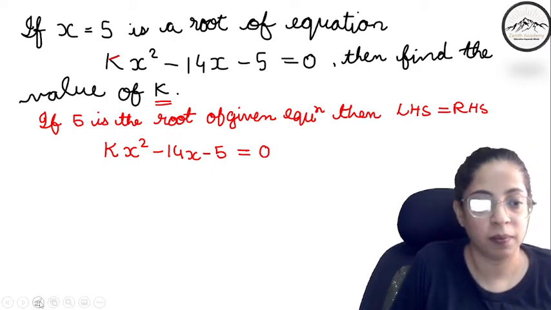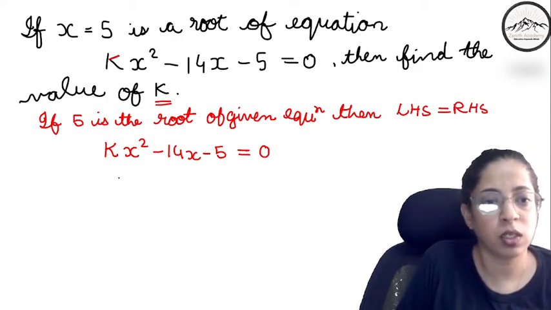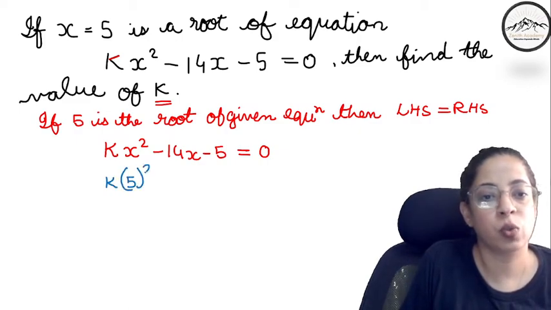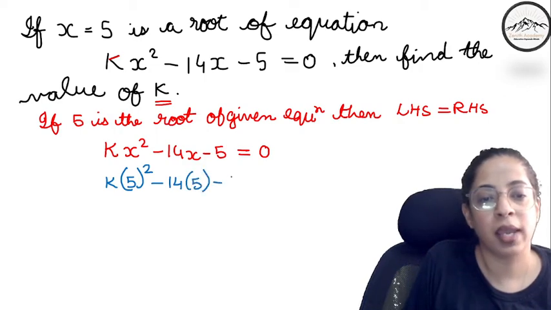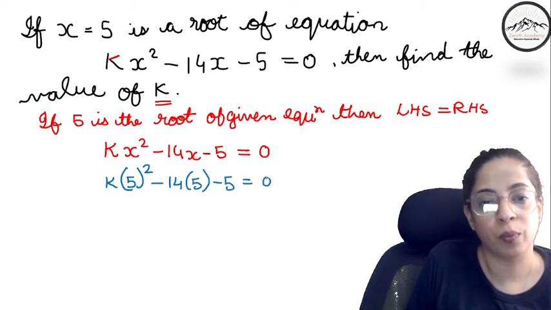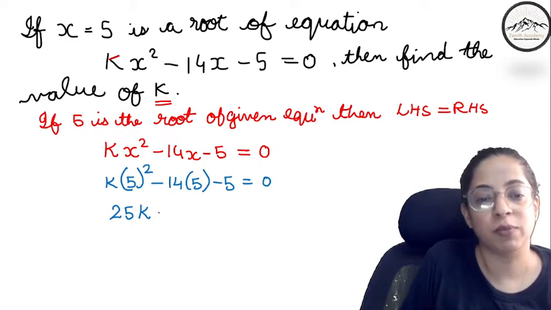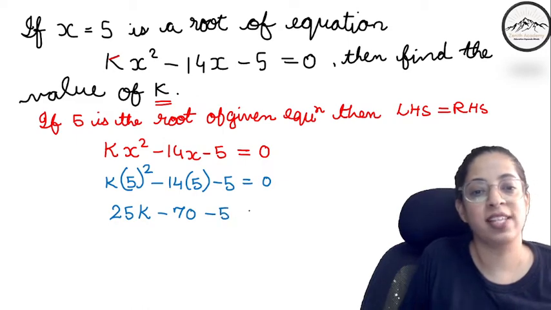Correct? So now instead of x, I will have to write 5. So k times 5 square minus 14 into 5 minus 5 is equal to 0. Right? So 5 square is 25. So 25 into k is 25k. 14 into 5 is 70. So minus 70 minus 5 is equal to 0.